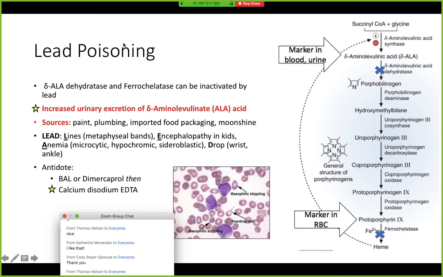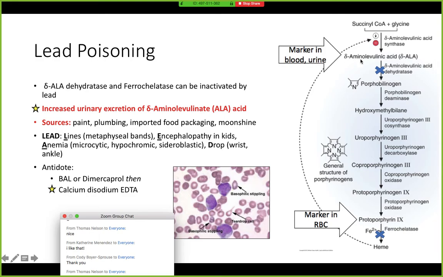Okay, so the last one here, lead poisoning. Lead is going to inhibit these two enzymes, ferrochelatase and ALA dehydratase.